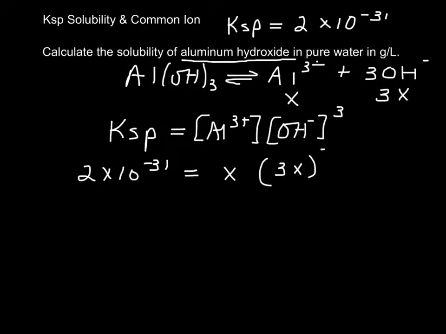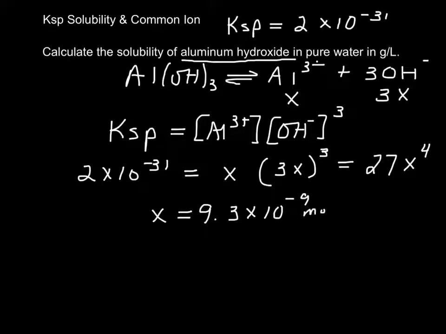And then the equation says I cube that. So if you do that out, that's going to be 27x to the 4th. So 2 times 10 to the minus 31 is 27x to the 4th. So I go ahead and I solve for x, and that's going to be 9.3 times 10 to the minus 9 moles per liter.